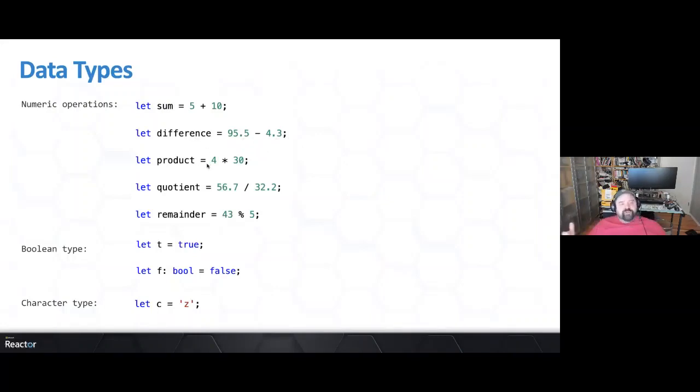It's like the expression carries the type annotations forward, the implicit ones, based on the inference of what's being used. Same thing for Booleans and characters, and likewise, if you want to specify that something is a Boolean, you can do that. But otherwise, just assigning a Boolean value to a variable is enough for the Rust compiler to figure it out.